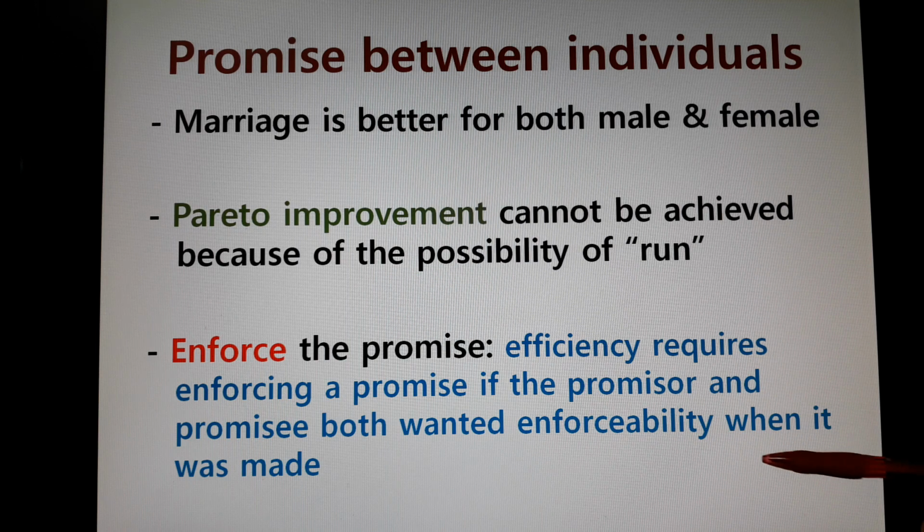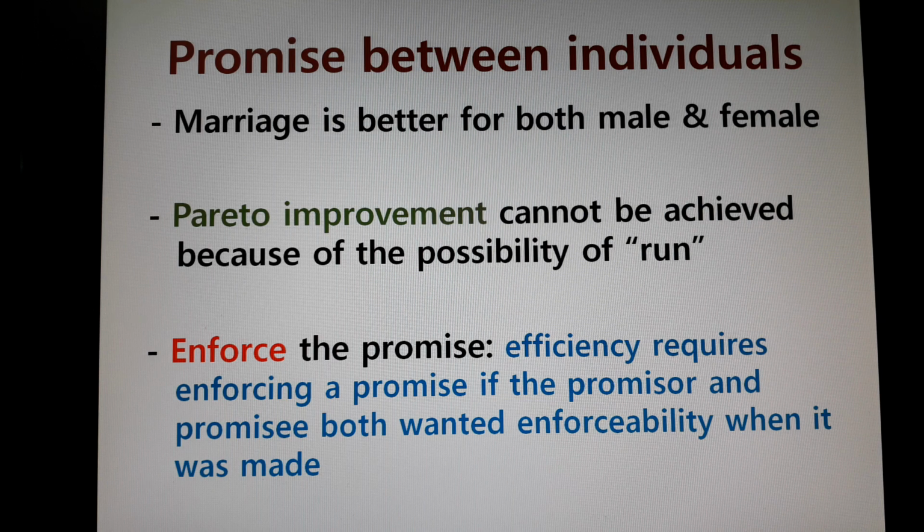So the male's mind might change after the promise was made, but the government enforces the promise at the first stage, not later. If the government does that, the male gives up the possibility of running away, so they can get married.